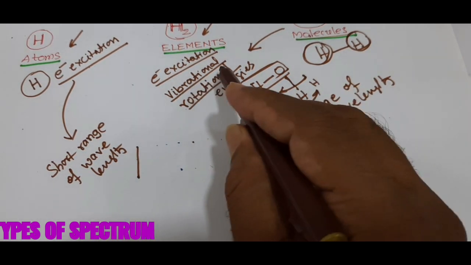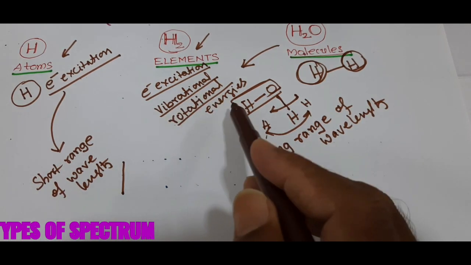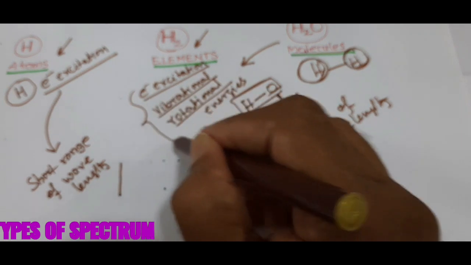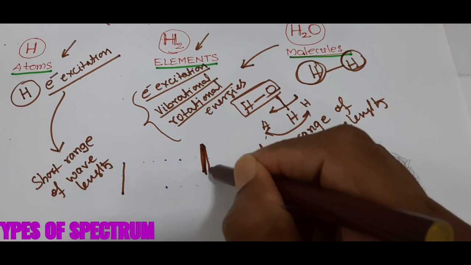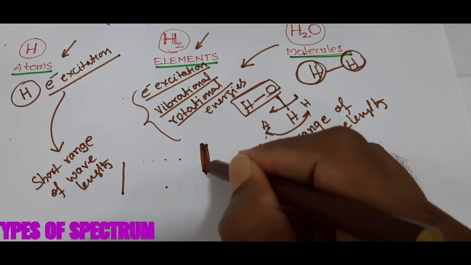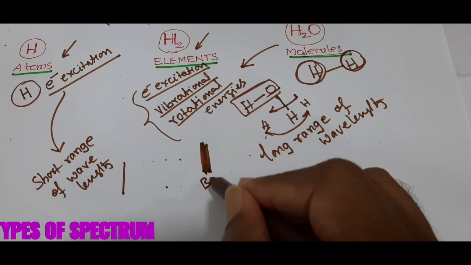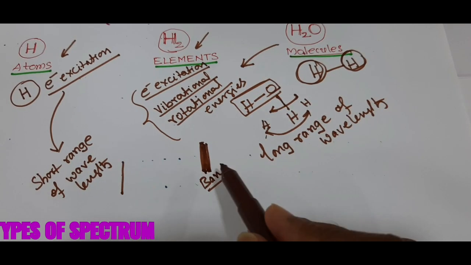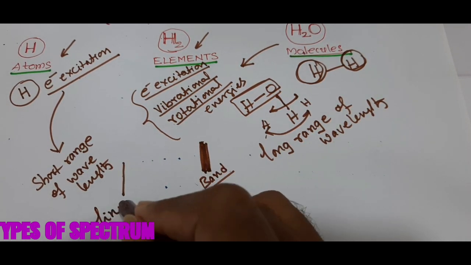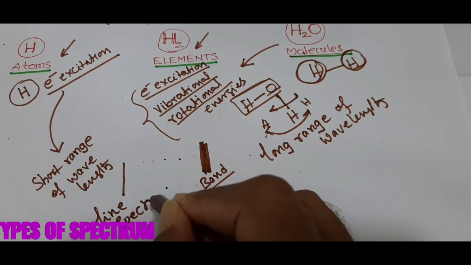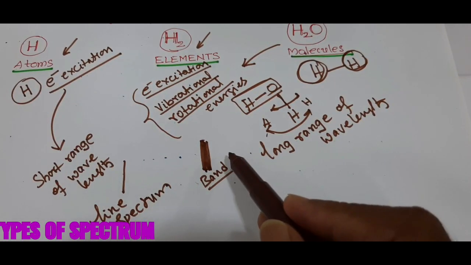If it is made up of different types of electronic transitions and vibrational and rotational changes, it is a cumulative of all these radiations, so it may release a long range of wavelength. If you take the photographic plate, they collectively appear as a band. It is a combination of different wavelengths, so it appears as a band; the other appears as a line. So that's why it is called line spectrum, and this is called band spectrum. This is a line spectrum and this is a band spectrum.